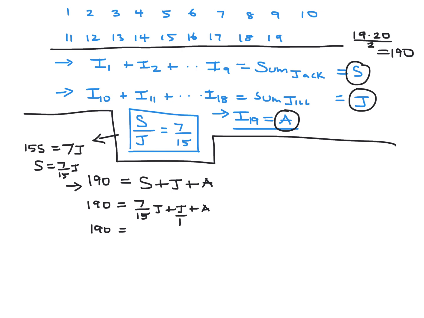If we add these, that'll be 22J over 15 plus A. Okay, we're making progress. Now I think this is where the trial and error comes in, because unfortunately we have two variables, not one. If it was one, it would be much easier.